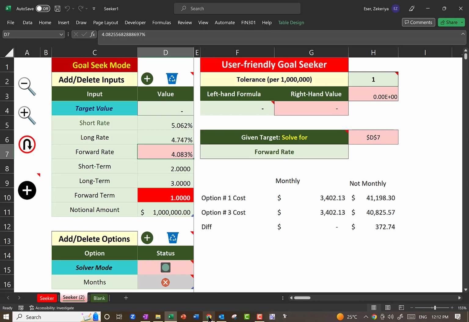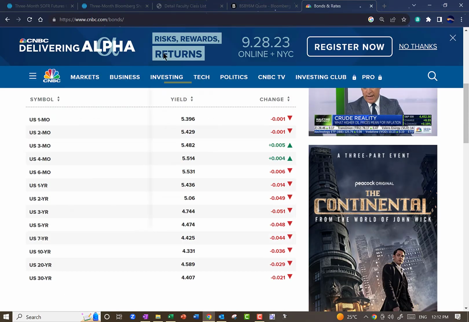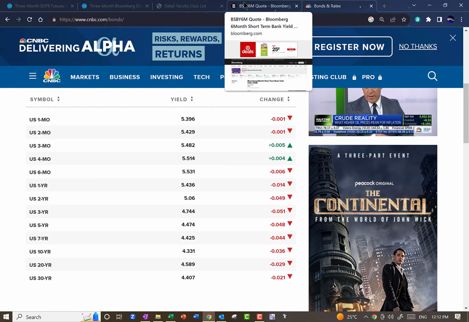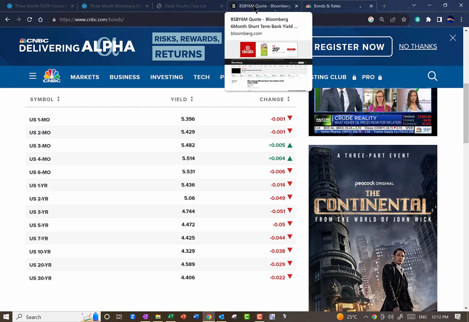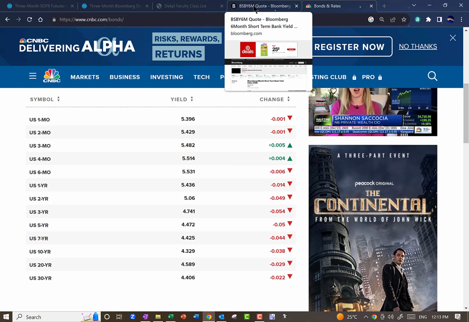If you had those contracts, you're going to make or lose money when the short-term interest rates go up and down, right? So even though it's not 100% correlated, if short-term interest rates go up, it's almost always the case that long-term interest rates are going to go up too. So those two risks are correlated.